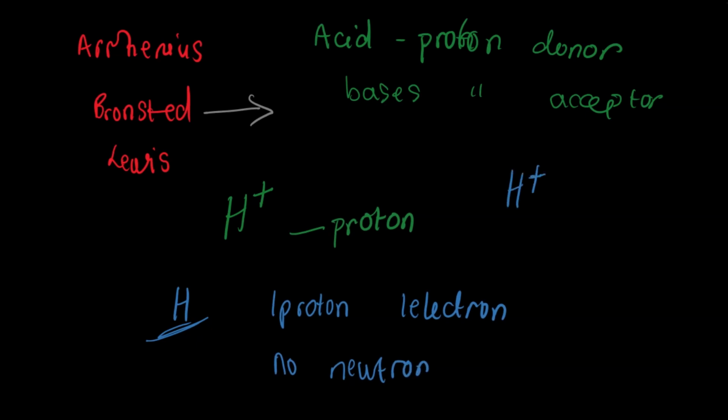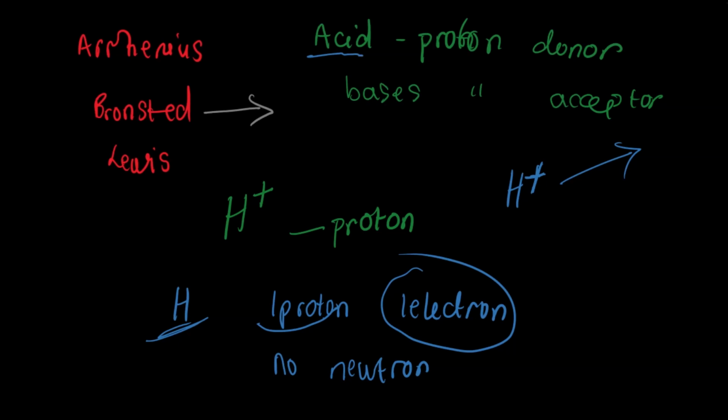Now, hydrogen ion H+ has this positive charge because it has lost its electron. So once the electron is lost, we are left with just 1 proton. So the hydrogen ion is the same as just the proton.